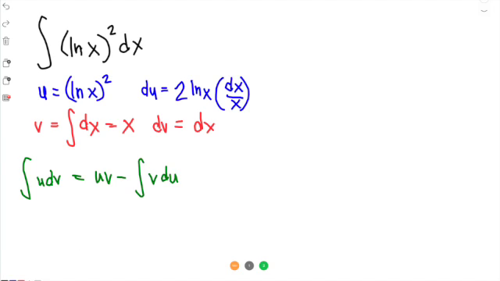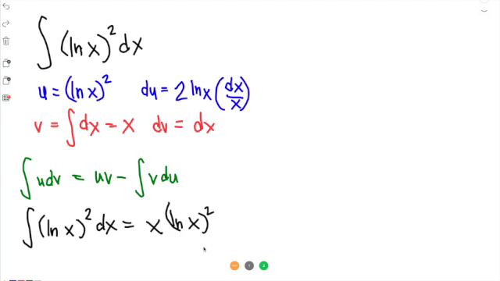So plugging that into our equation, the integral of (ln x) squared dx would be equal to uv. In this case, I would like to put the ln after, so we will go with vu. So that would be x (ln x) squared, that is for u times v.